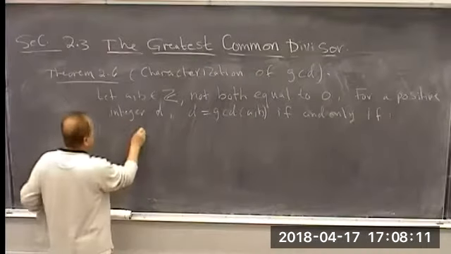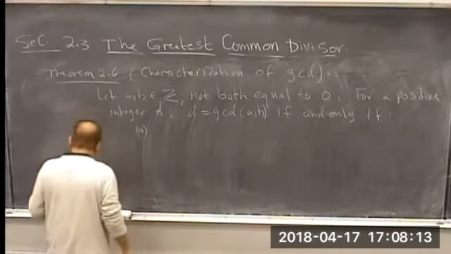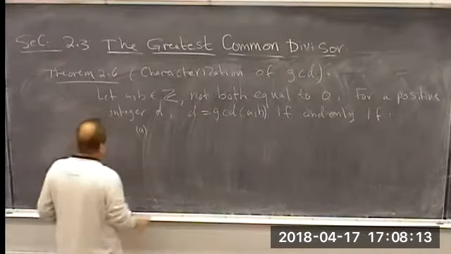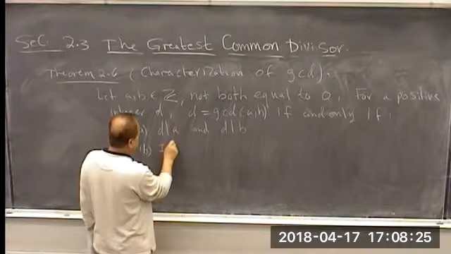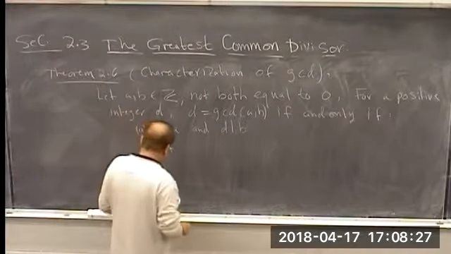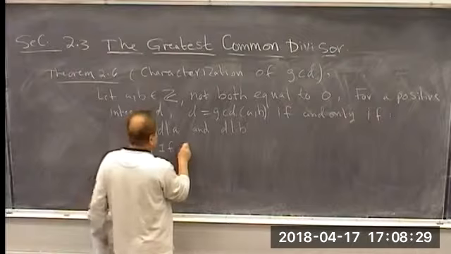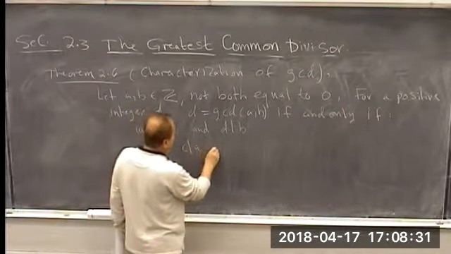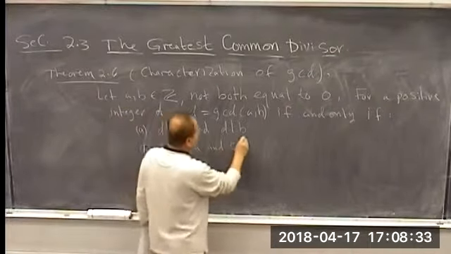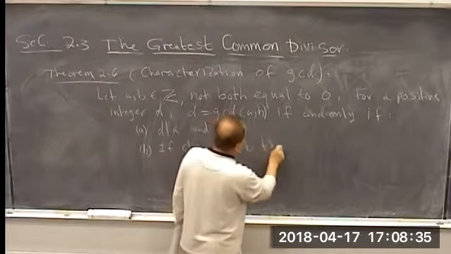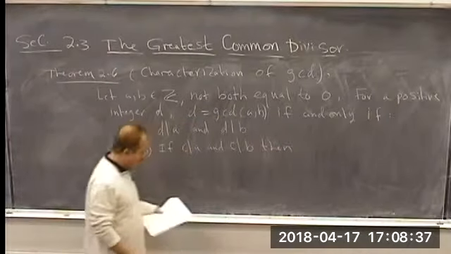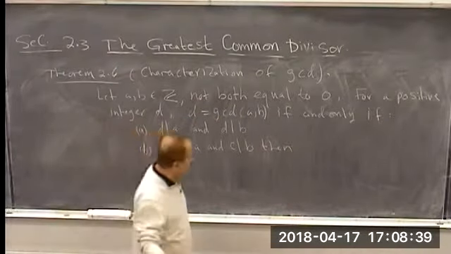One, D is a common divisor, D divides A and D divides B. Second condition is if we have another common divisor, C divides A and C divides B, then C divides D.